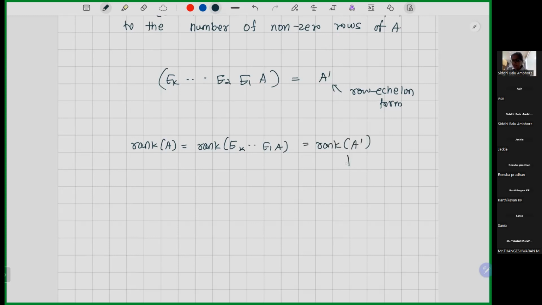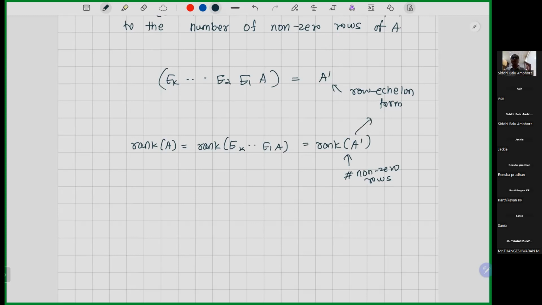And for this A dash, the rank is just the number of non-zero rows, because A dash is in row echelon form as already given.